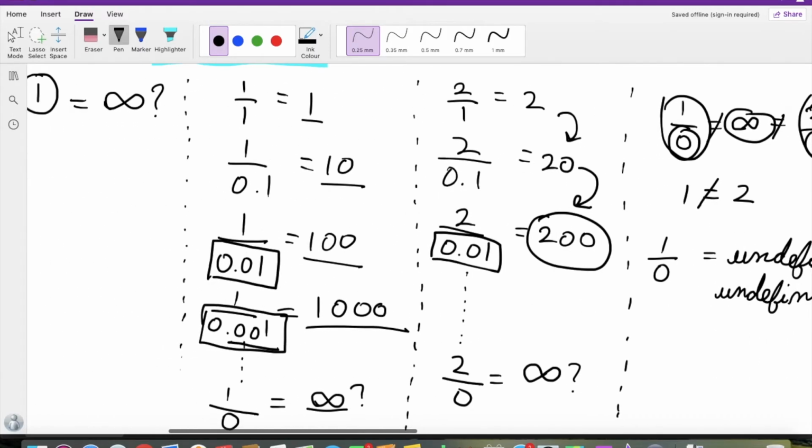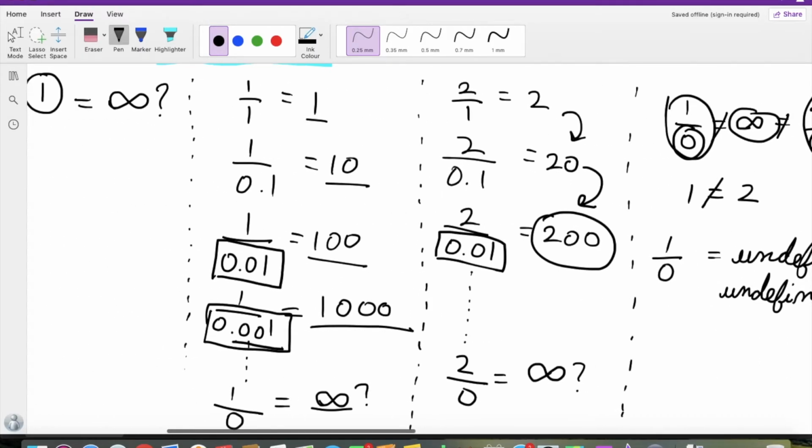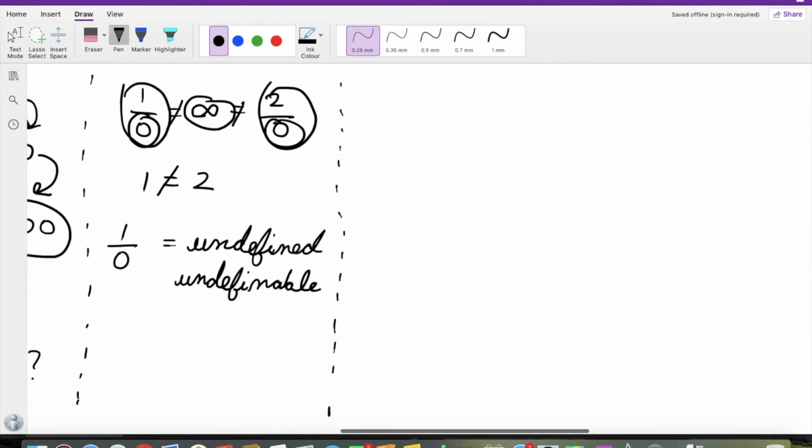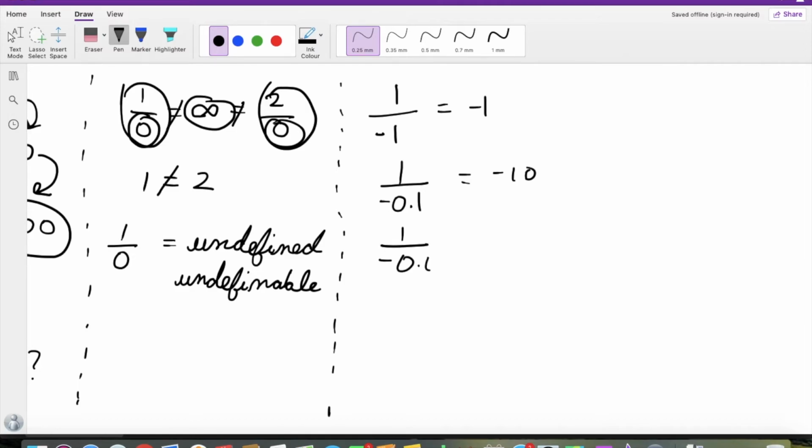Previously, we were dividing 1 by numbers getting closer to 0. But now we can divide 1 by negative numbers, so like -1, we get -1. 1 divided by -0.1 would give us -10. And we can keep going like we did with the ones. What we see is that this is again tending towards negative infinity.